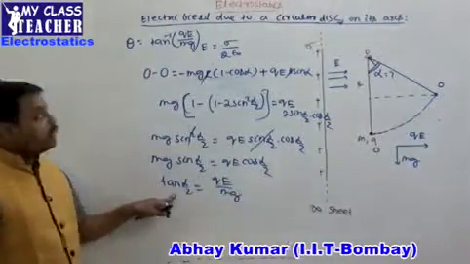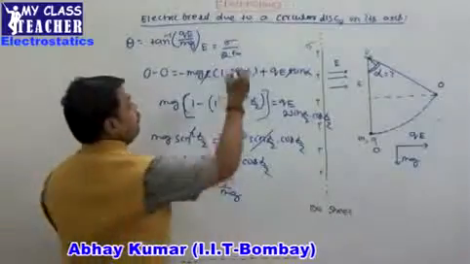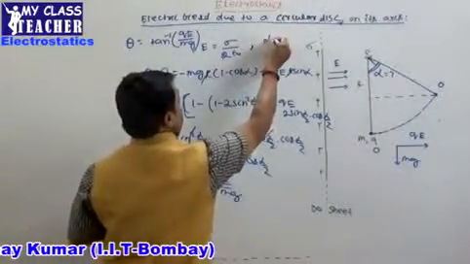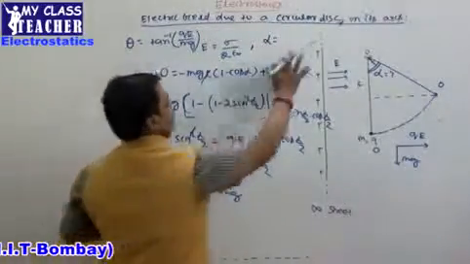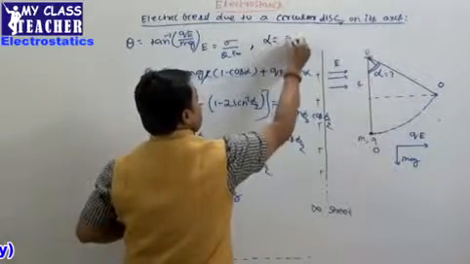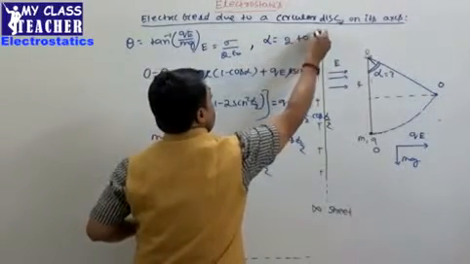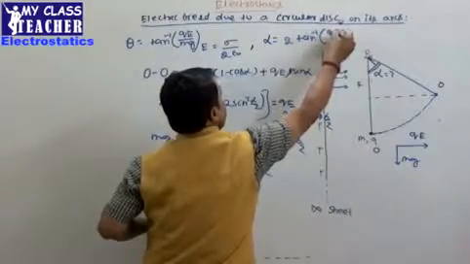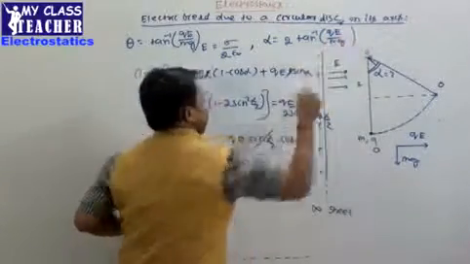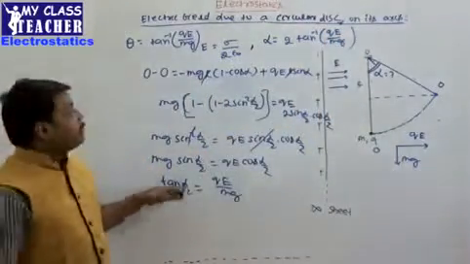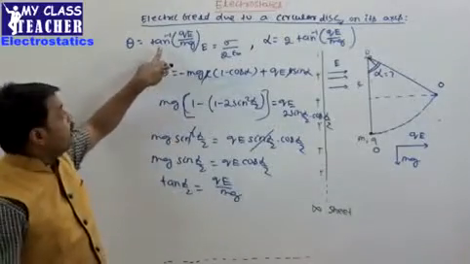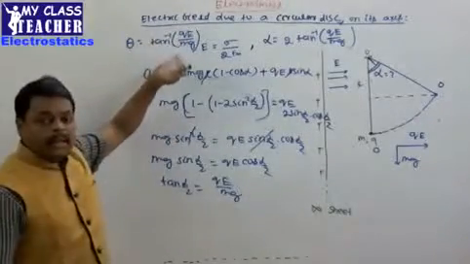If tan alpha by 2 is equal to QE by mg, what is the maximum angular deflection alpha? This maximum angular deflection alpha is 2 times tan inverse QE by mg. Maximum angular deflection is 2 times the equilibrium angle, which is tan inverse QE by mg.